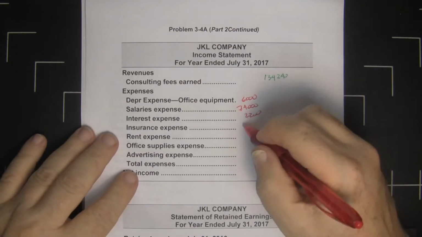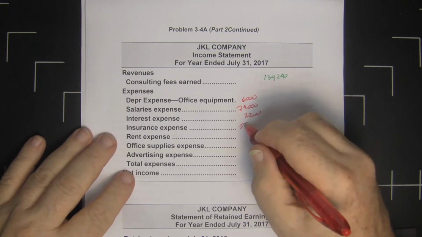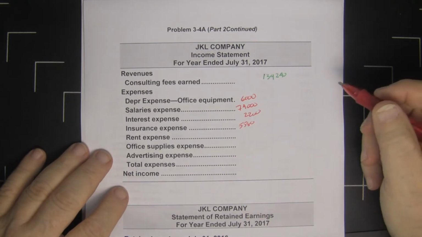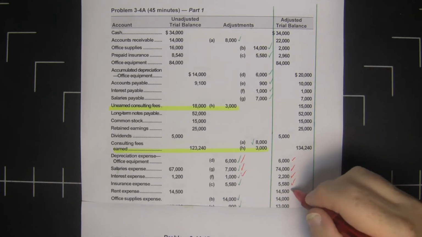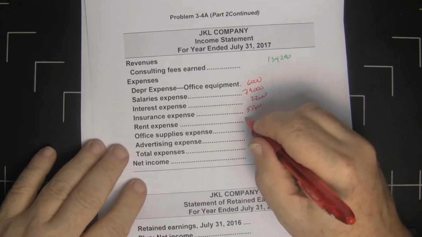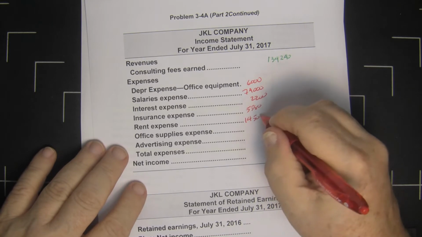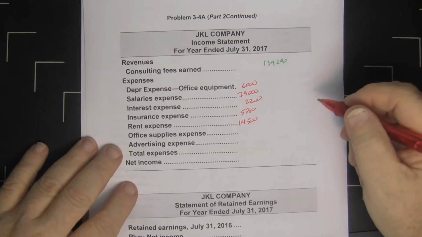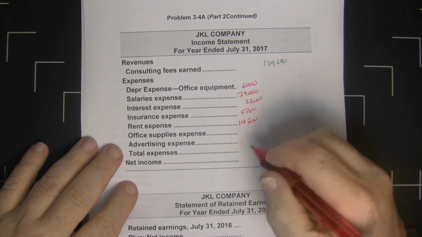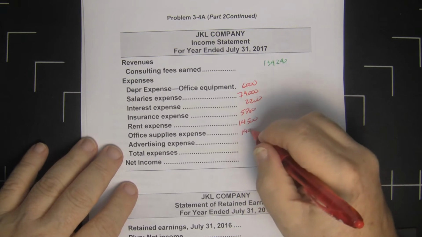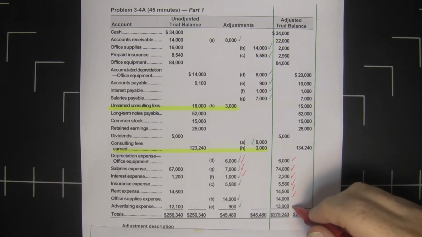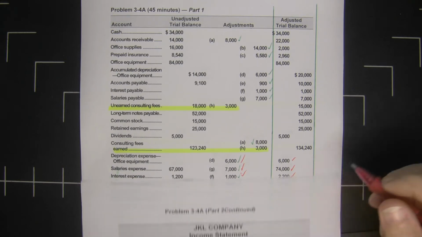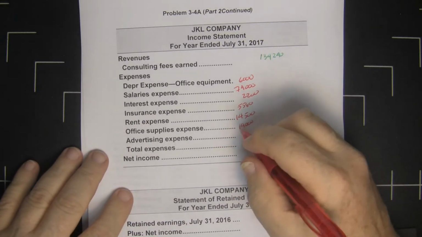That was that adjusting entry. Rent expense, $14,500. Supply expense, $14,000. And advertising expense, $13,000.